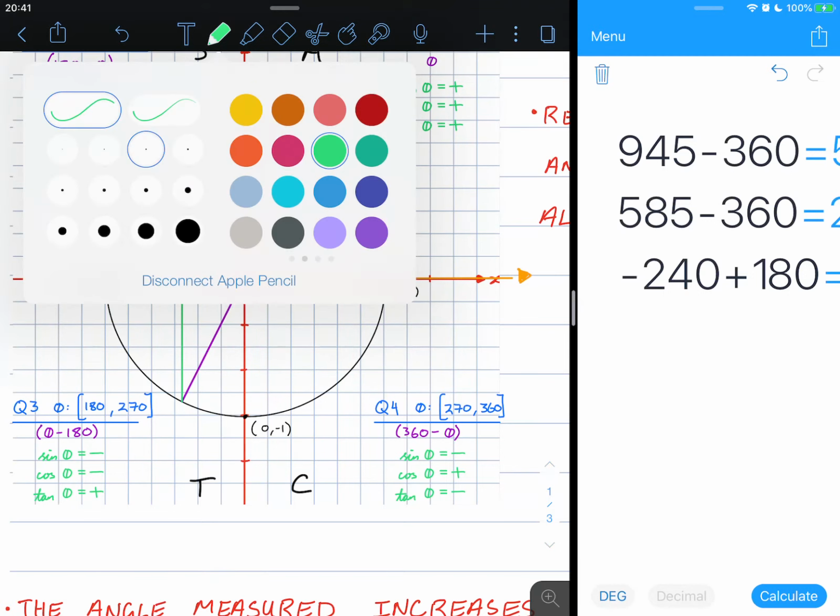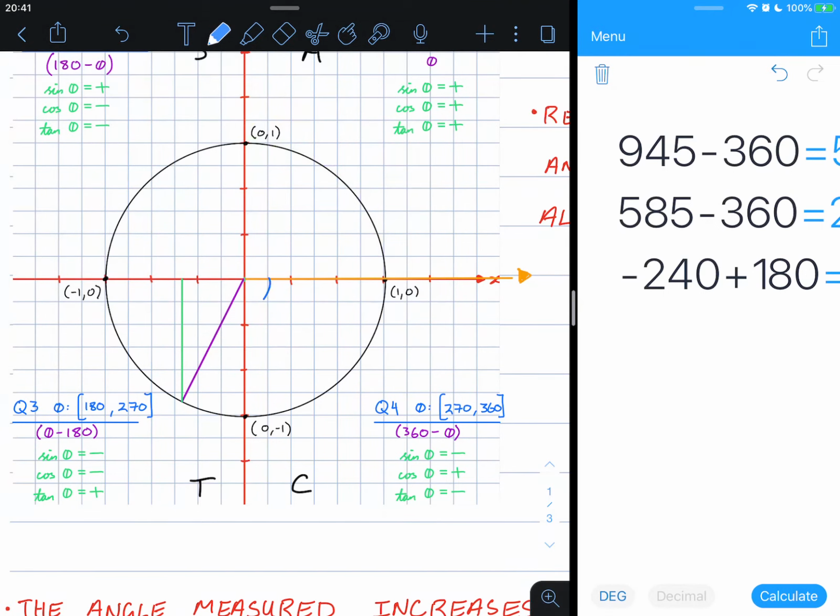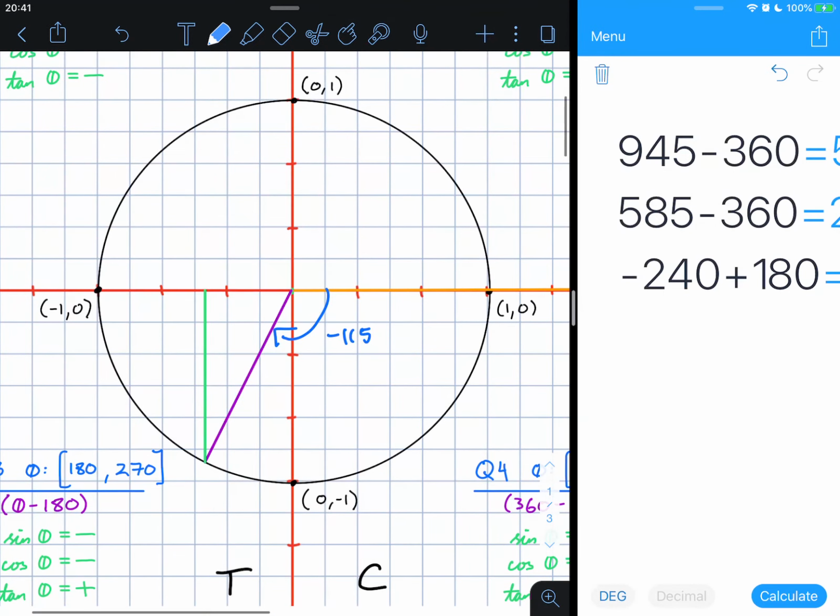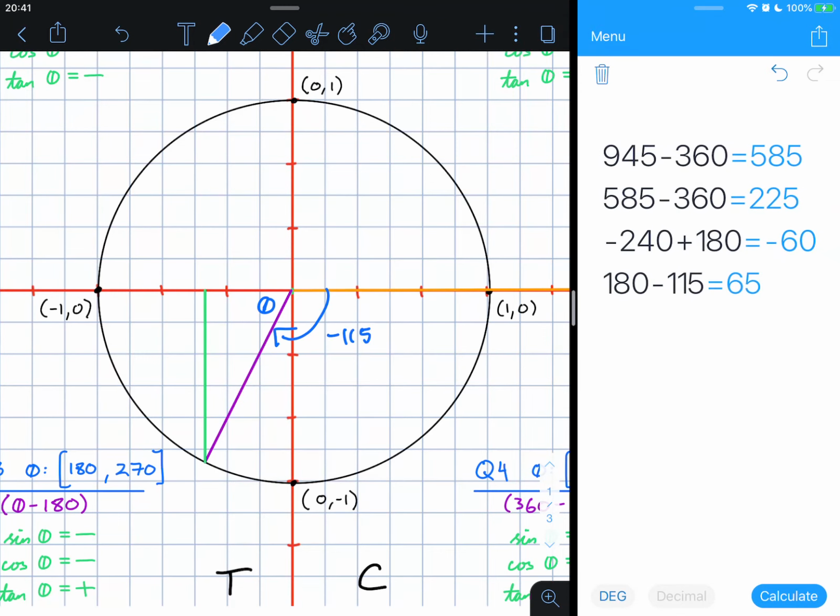Negative 115 is there, so this is negative 115. But the angle we really want is this angle in between. Well, that's going to be 180 degrees, take away 115. So 180 take away 115. That angle in between here is actually 65 degrees.